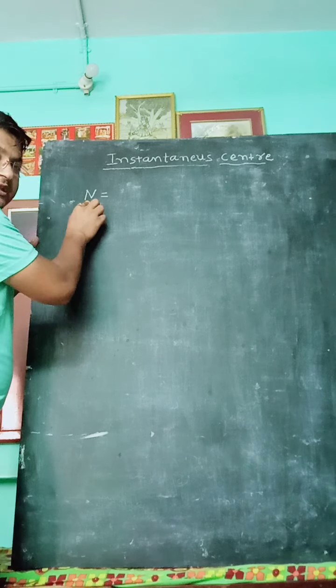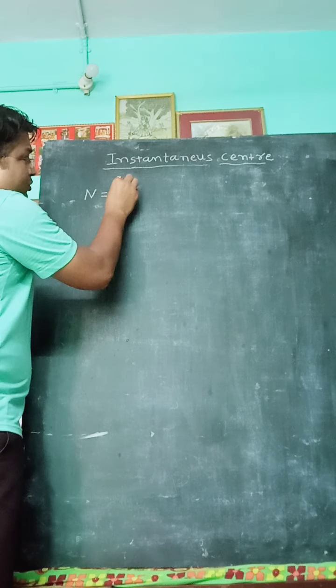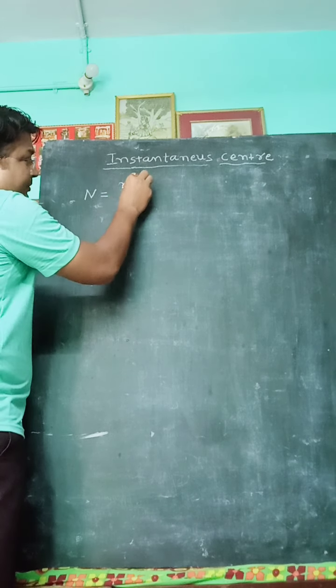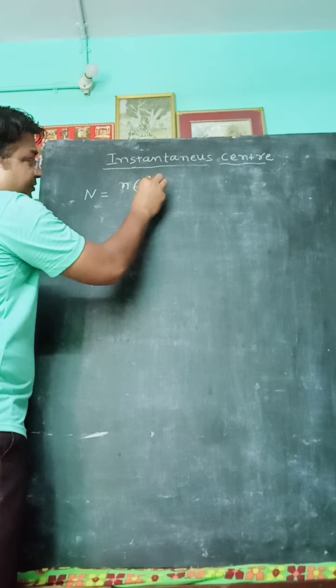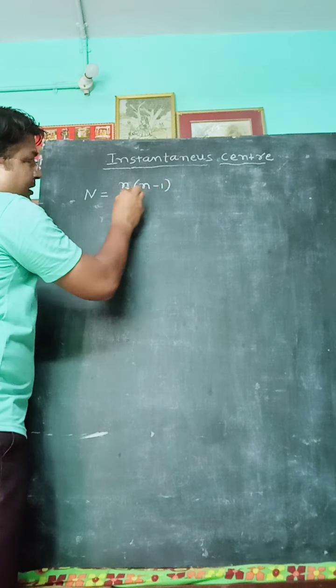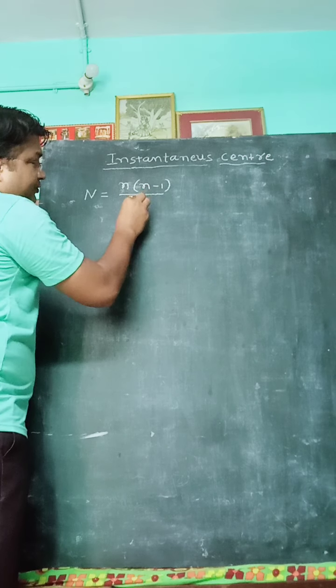Number of instantaneous centers is equal to number of links multiplied by number of links minus 1, whole divided by 2.